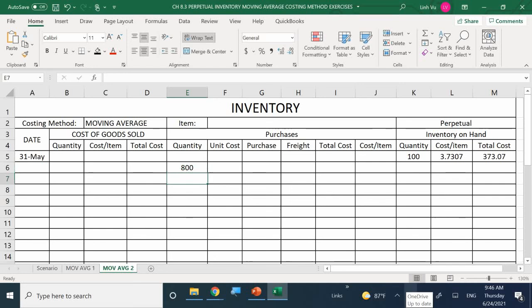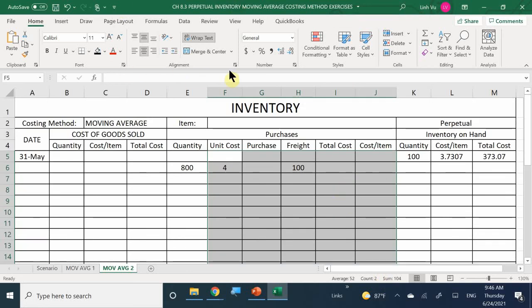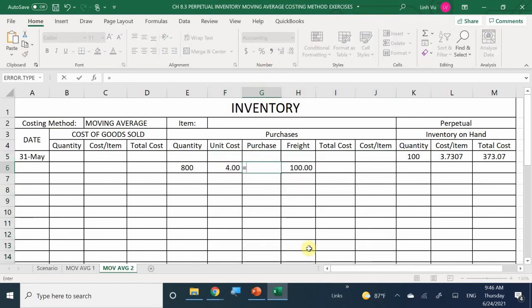So 800 units at $4 each, with a freight costing $100. Okay. So what's my purchase price here? 3,200. 3,200 plus 100, 3,300.